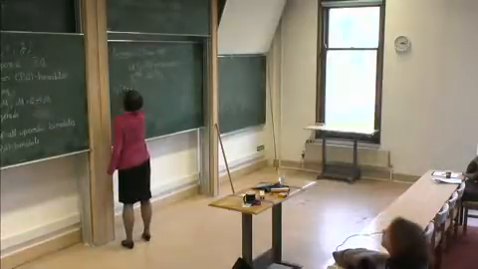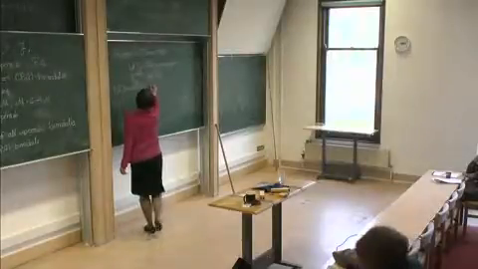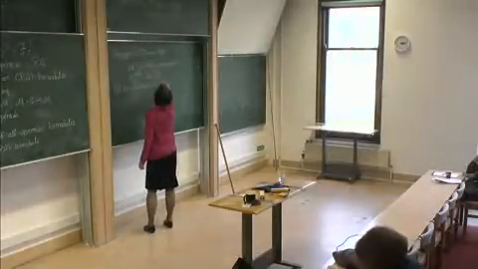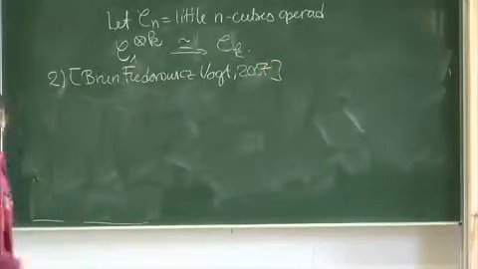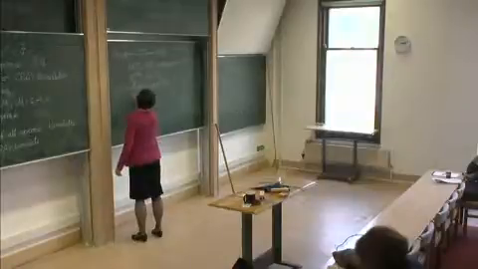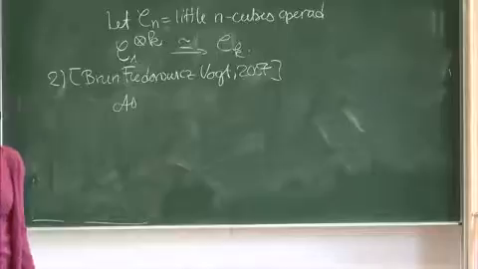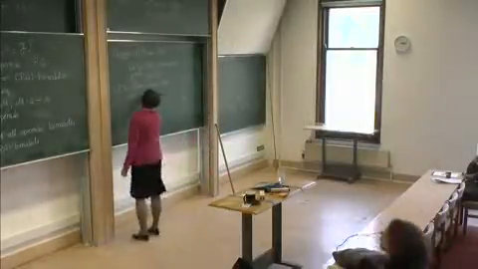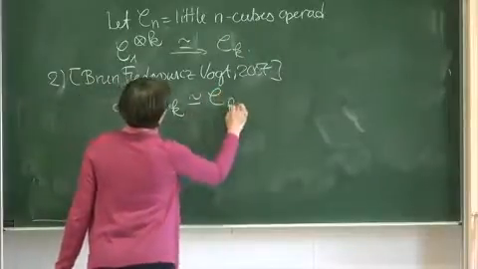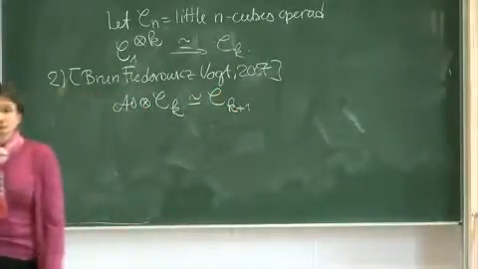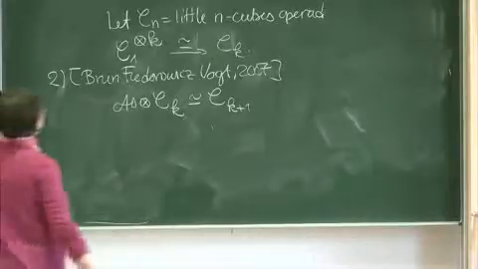And then Morton Brun, Fiedorowicz, and Vogt in 2007 proved something related, which is that if I take the associative operad and take its Boardman-Vogt tensor product with the little k cubes operad, then that one is in fact weakly equivalent to the little k plus 1 cubes operad. And this is true for all k.